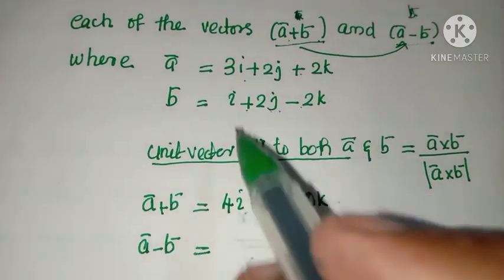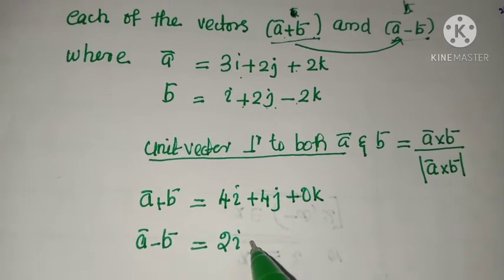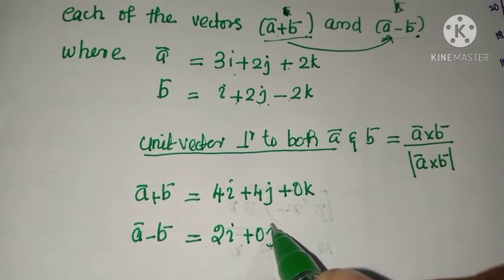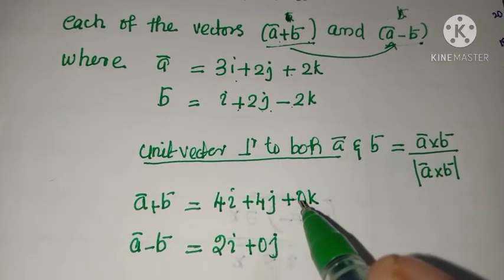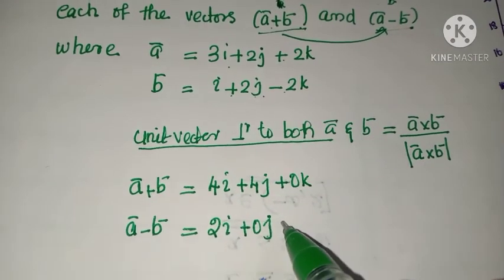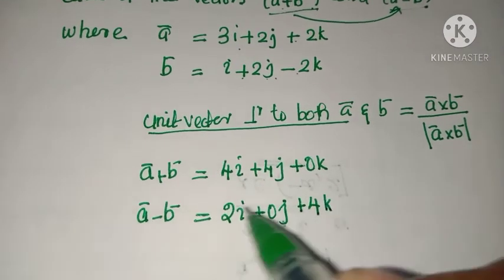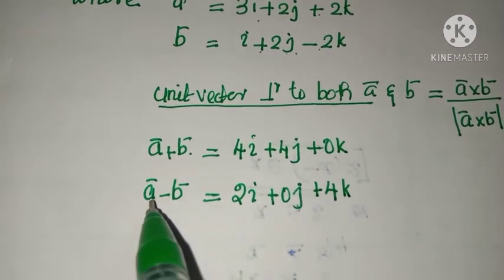A minus B is 2i plus 0j plus 4k. This is A plus B and this is A minus B.